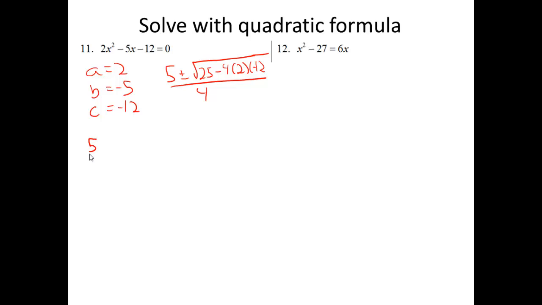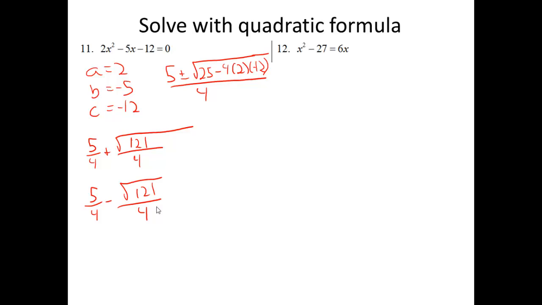So we have 5 over 4 plus square root of, 4 times 2 is 8 times the negative 12 is a negative 96. So 25 subtract a negative 96 is 121. That is divided by 4. And we do the same thing, except we subtract the square root of 121 over 4.